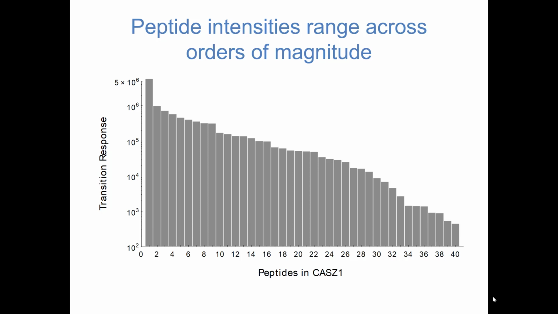We ended up synthesizing this protein and then analyzing every one of those peptides using SRM, looking at the intensity of the fragment ions that came off of those. So this axis would be the transition response, and this would be the peptides ordered by intensity on the mass spectrometer.